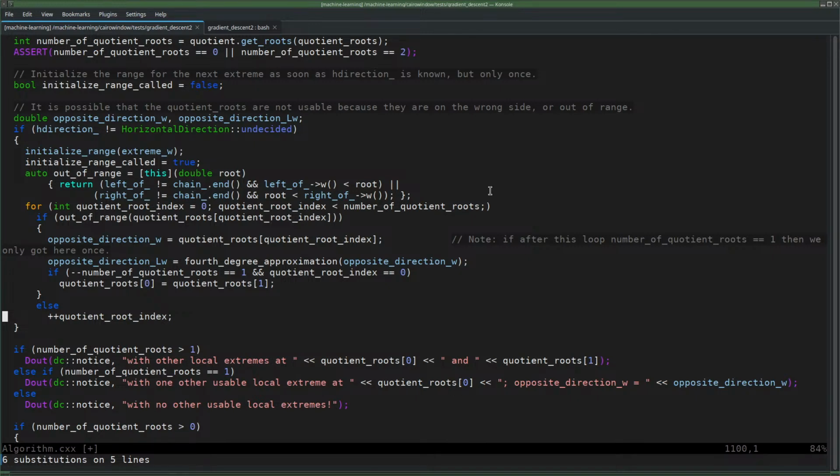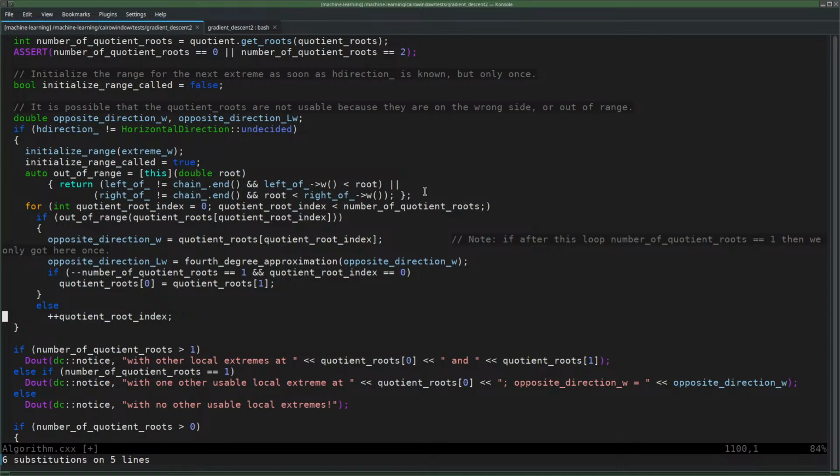But it being a single index, it refers to a single root. In most cases, I would not use the index here, by the way. In the end, it refers to a quotient root, so just call it quotient root, even though it's here just an index. But I don't know, I have a double root as well.